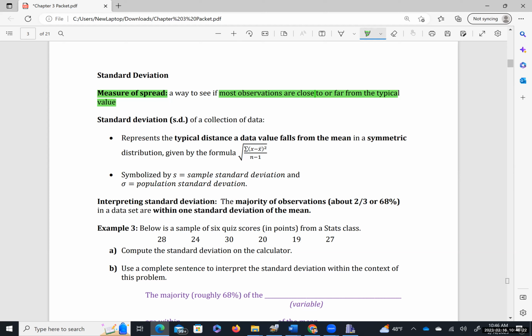And standard deviation, sometimes I use STDV or SD. So sometimes when you see SD, you can just understand that it is standard deviation.